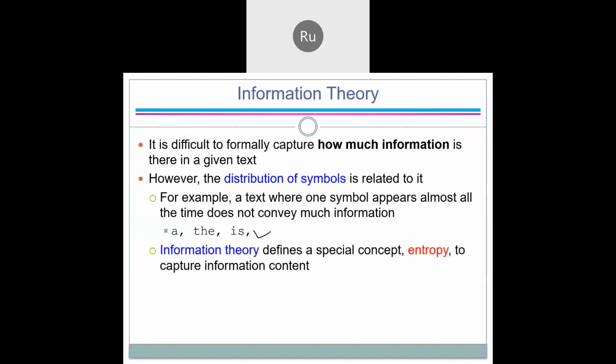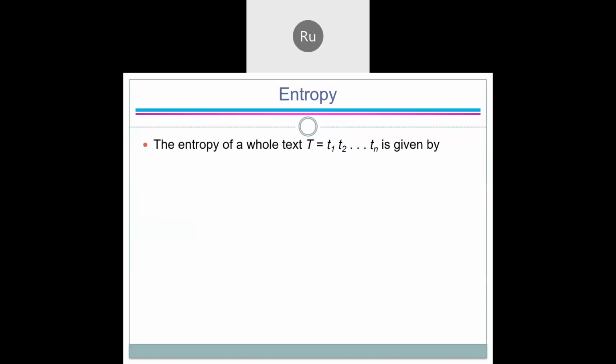So in information theory, they define a special concept, called entropy, to capture information content. What is the formula for the entropy? The entropy of the whole text, E, we assume that we have one term, and it consists of the symbols that we have.